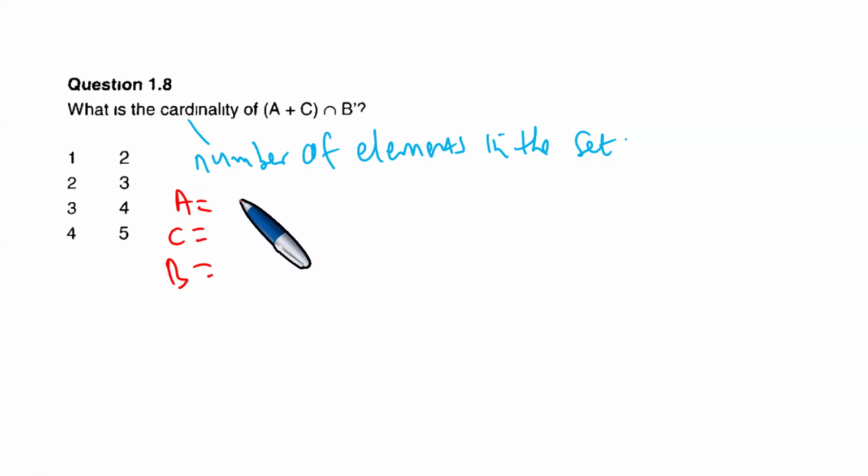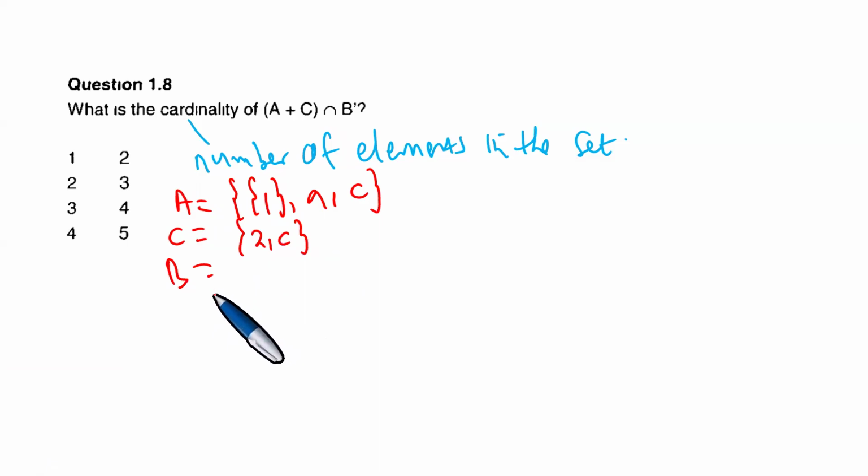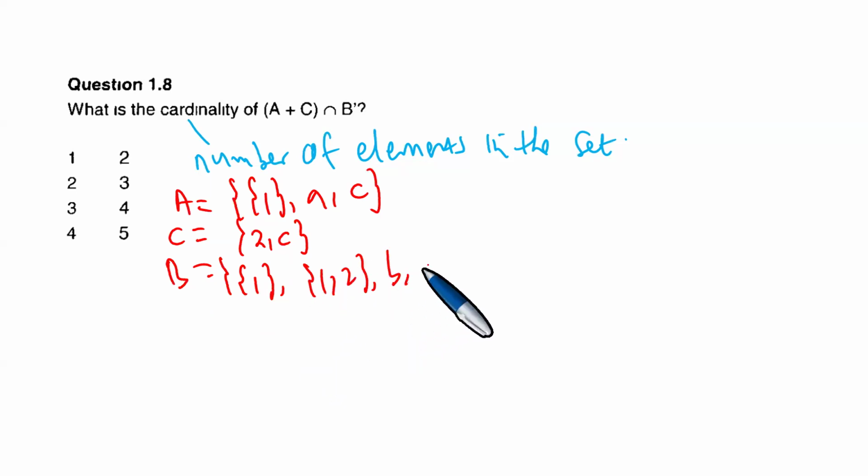They said A contains the singleton containing 1, it contains A, but also it contains C. This one contains 2, it contains C as well. We have B, which contains 1, but also it contains 1 and 2, but also it contains B and C, like so.